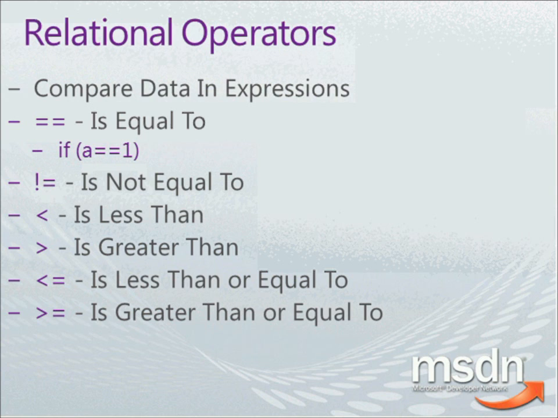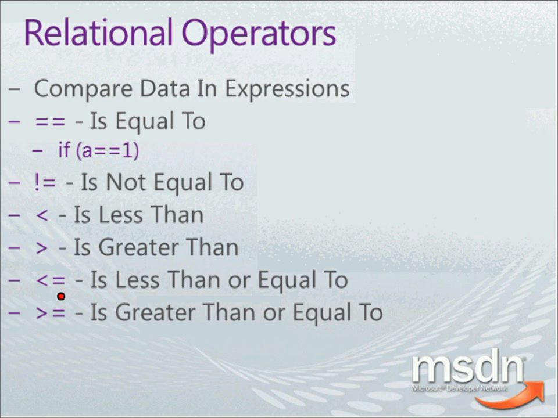So in a greater than or less than sign, you're simply using the open or closed brackets here. And then lastly, is greater than or equal to, or is less than or equal to. So in this case, we have the greater than and less than in front of an equal sign.